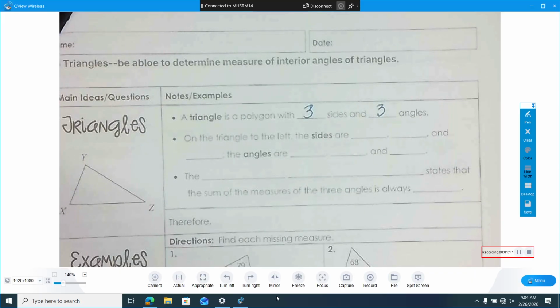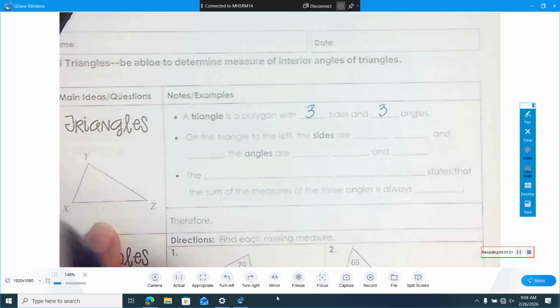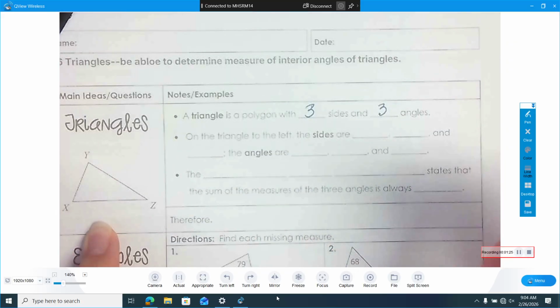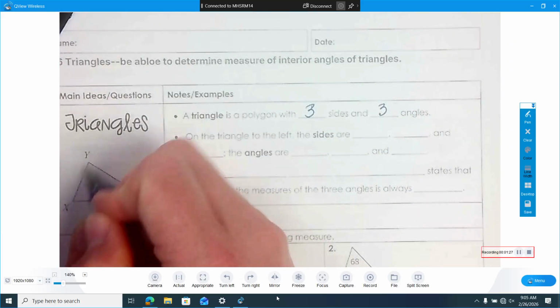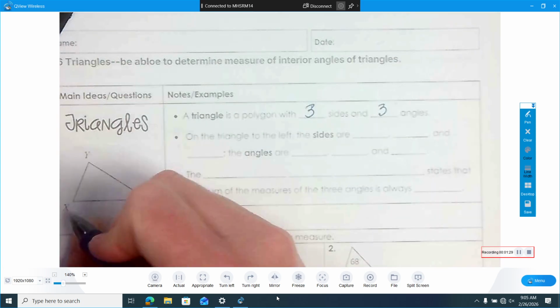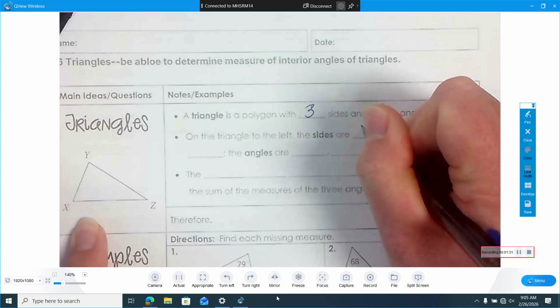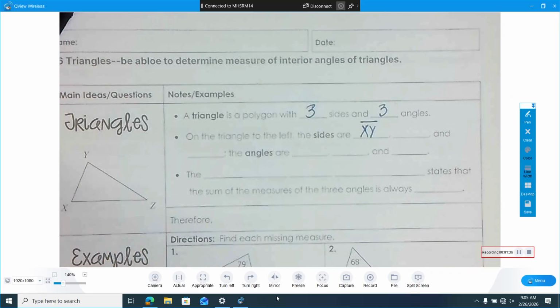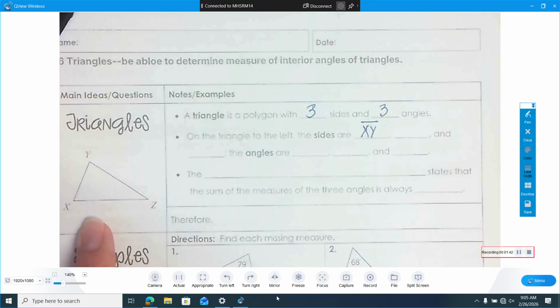All right. On the triangle to the left, on this little example here, we have this side, which we can call XY. We use capital letters, XY, and we put a segment bar on top. That is a little bar that means the word segment. So segment XY.